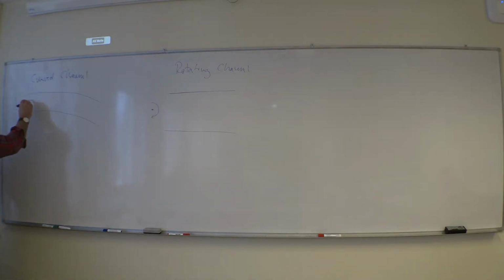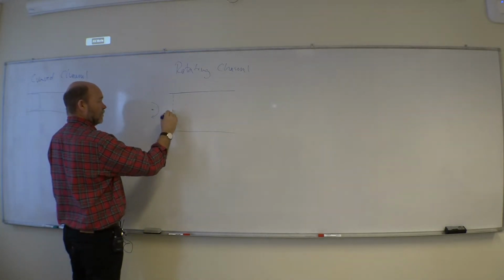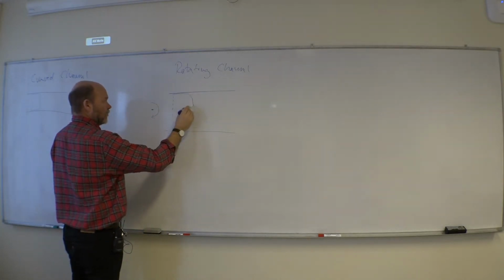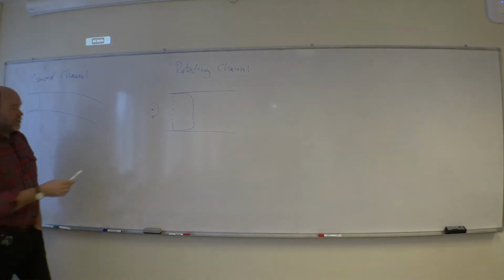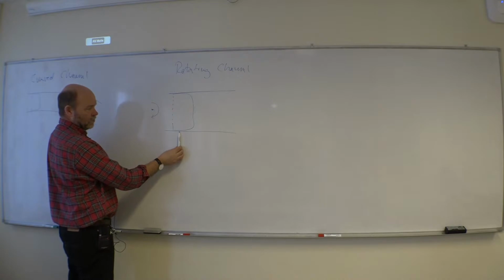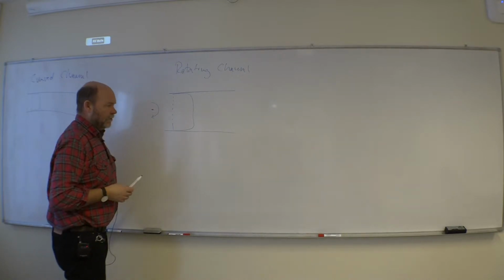You have entering here a turbulent velocity profile looking something like this. The higher the Reynolds number, the sharper the shoulder will be, the smaller this boundary layer here will be.